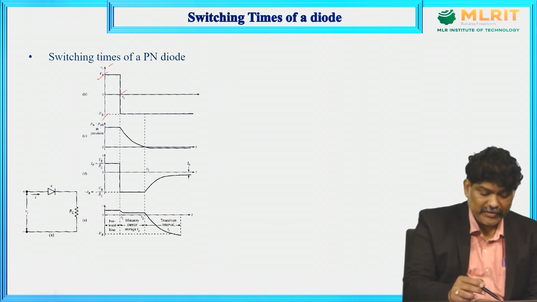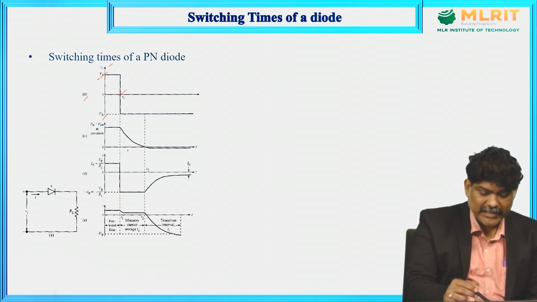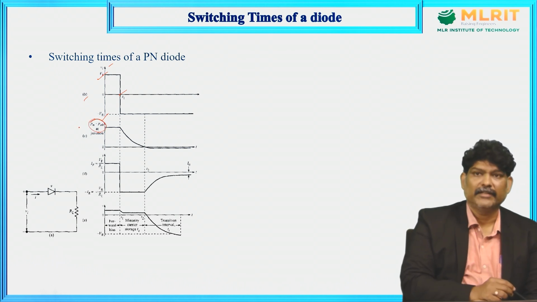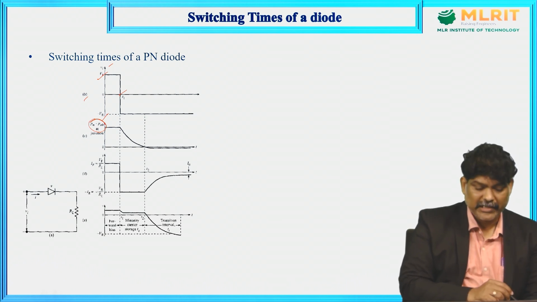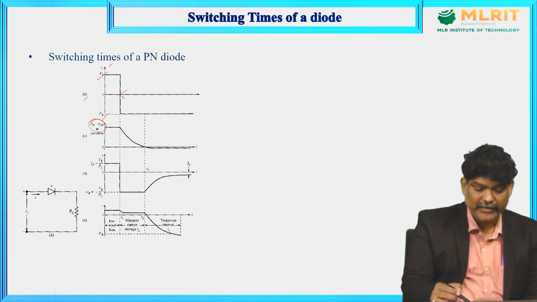If you observe, this is B and this is C. This characteristic shows the excess carrier concentration, the minority charge carrier concentration, p_n minus p_n0 at the junction at equilibrium. See here the carrier concentration decreases slowly like this.